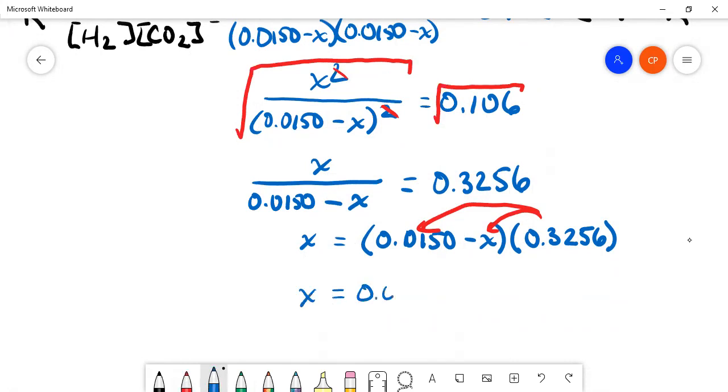X equals 0.004884 minus 0.3256 times x. Everybody good with the algebra I'm doing so far? Nobody's off song of the algebra?